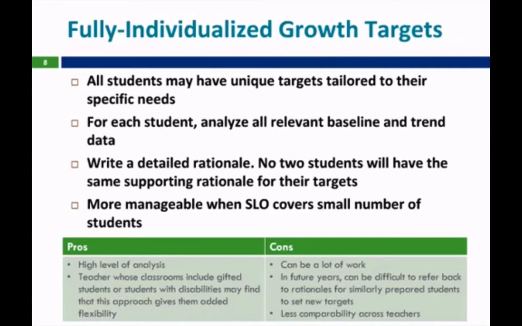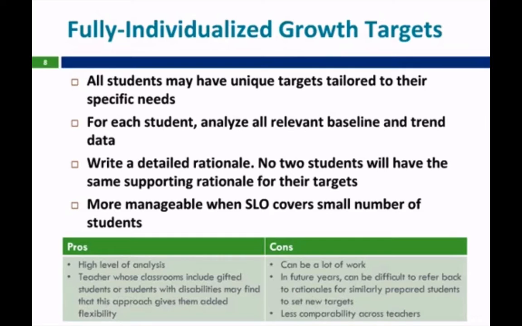It works best usually if you have a small number of students in your SLO, just because there's so much analysis and so much thinking that has to go into deciding what's appropriate for each individual student. So obviously there's a high level of analysis involved, and as I mentioned, teachers of gifted classrooms or classrooms with students with disabilities may find that this is a flexible approach that really resonates with them.